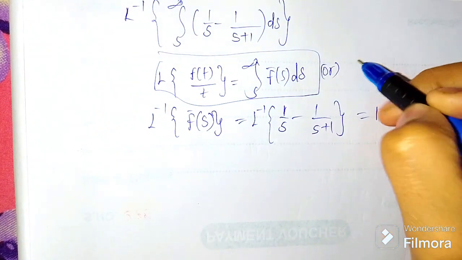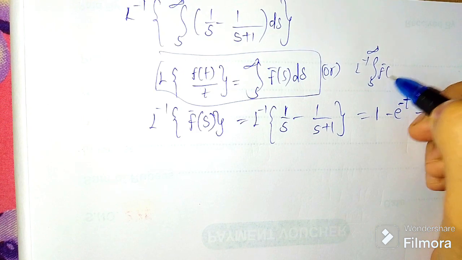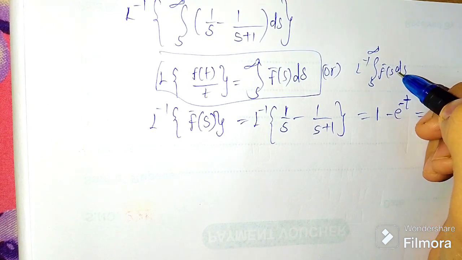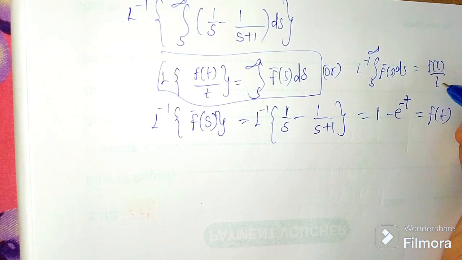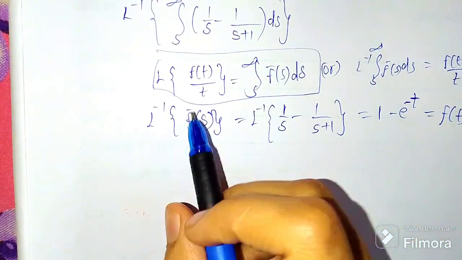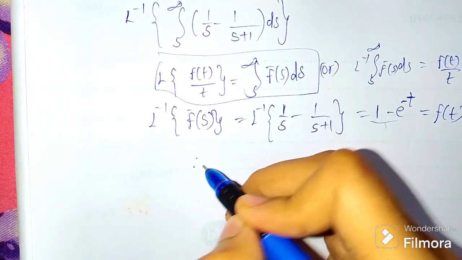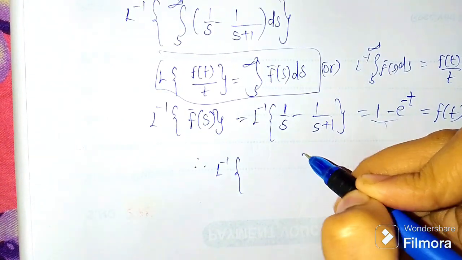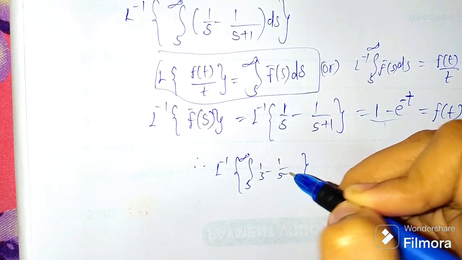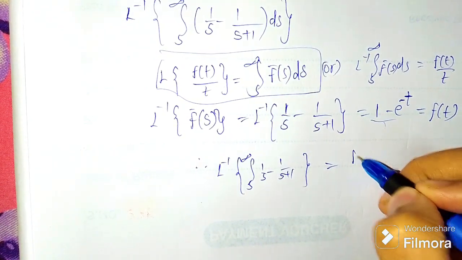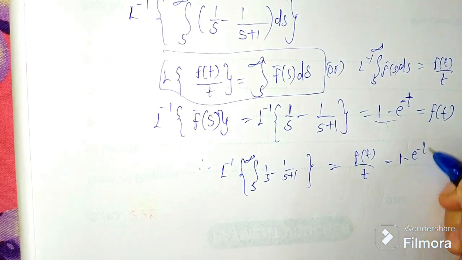Laplace inverse of integral from s to infinity f bar of s ds is equal to f of t by t. So now the answer will be this by t, right? Therefore Laplace inverse of integral from s to infinity of 1 by s minus 1 by s plus 1 is equal to f of t by t, which is 1 minus e power minus t by t.